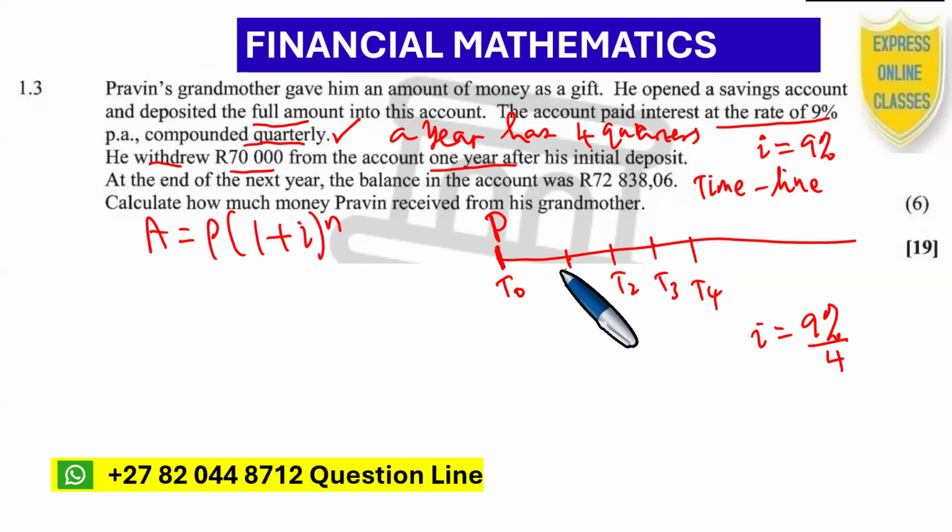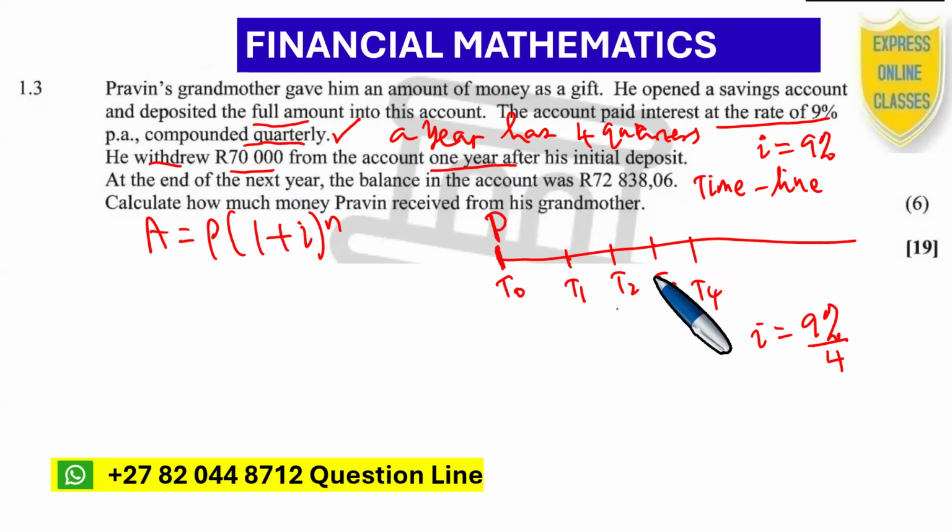The next quarter is April, May, June. So you have quarter 1 of 3 months, quarter 2 of the next 3 months, 6 months, quarter 3, another 3 months, 9 months, quarter 4, another 3 months, giving us 12 months. So you are told that he withdrew 70,000 from the account 1 year after.